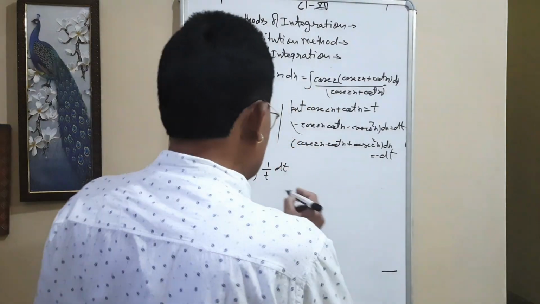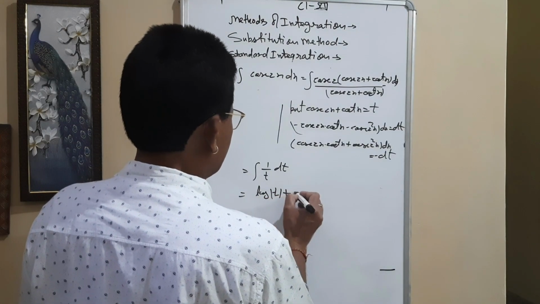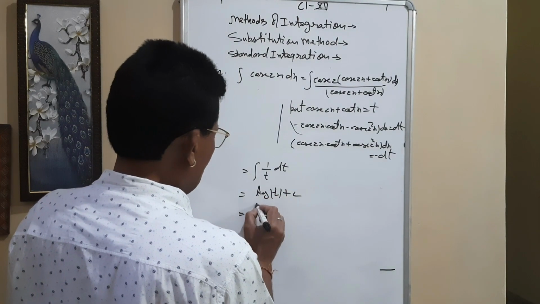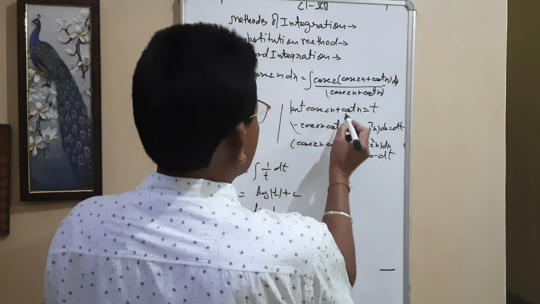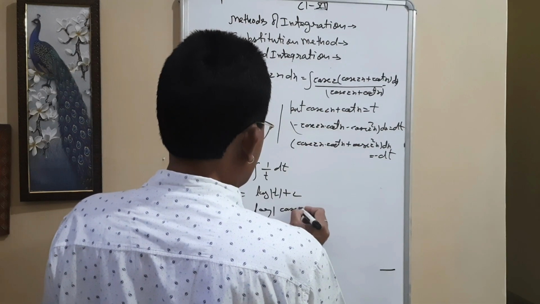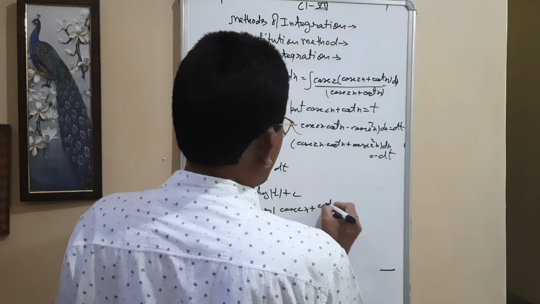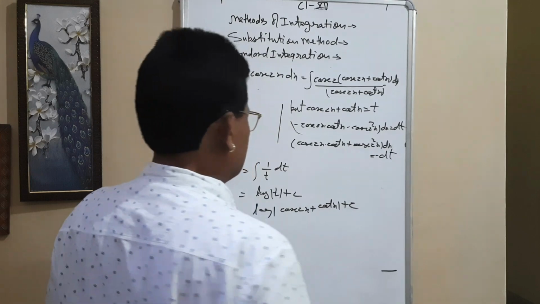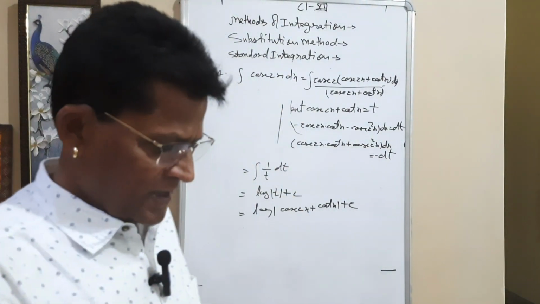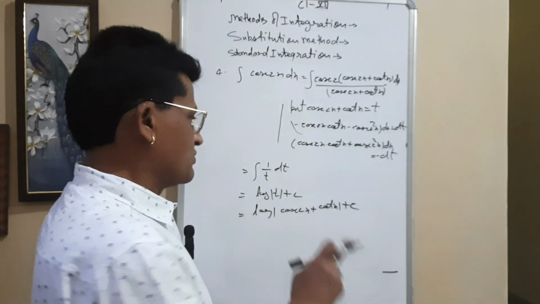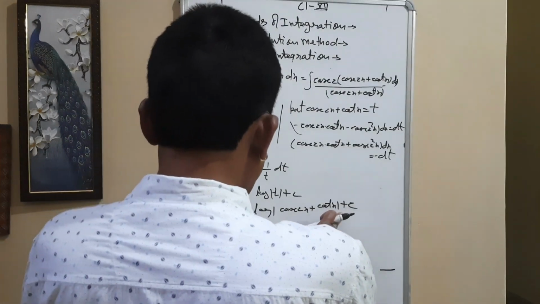Integration of 1 upon t is log t plus c. What is the value of t? It is log of cosec x plus cot x. My dear student, this is the important thing we are discussing, but its value will also be equal to log of cosec x minus cot x.